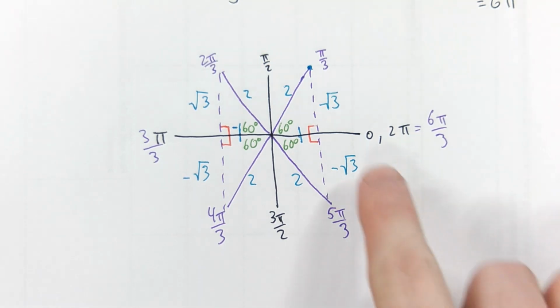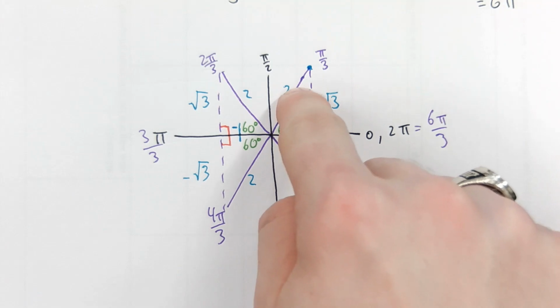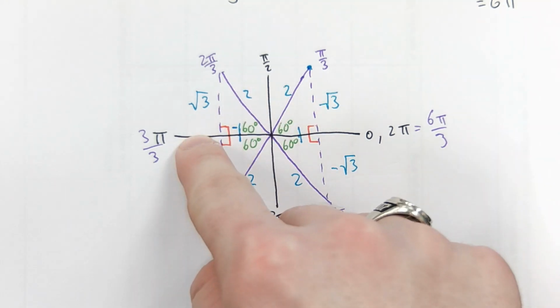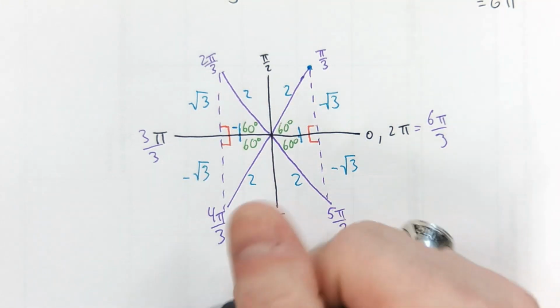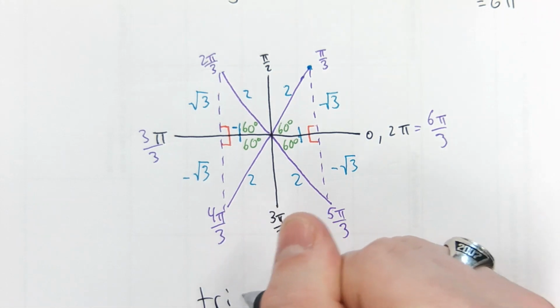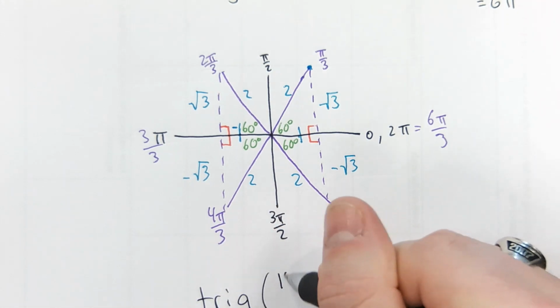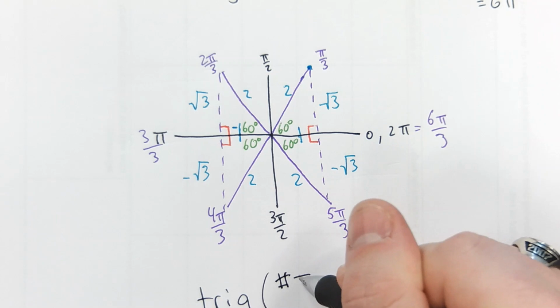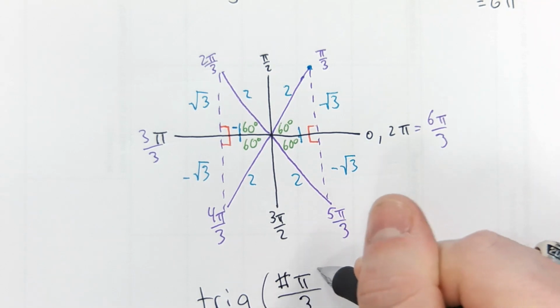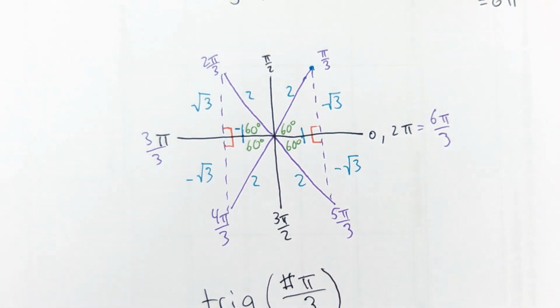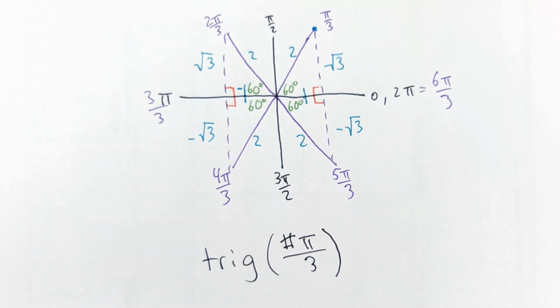Remember, it's 1/3 of a pi. So that means I can perform any trig at any number of these pi over 3s. For example, what's a number that would be good?